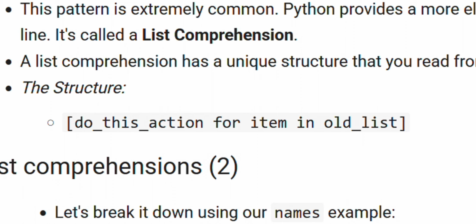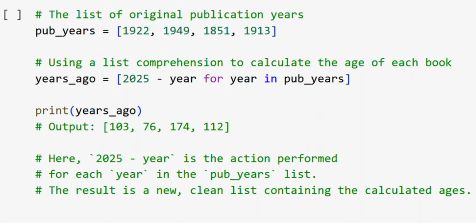Let's try it out. There's a lot of explanation here, but we want to try it out. Here we have original publication years for particular works, and then we want to create a new list showing how many years have passed since each publication relative to the year 2025.